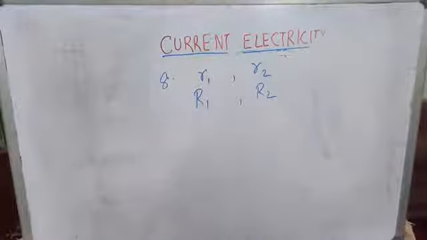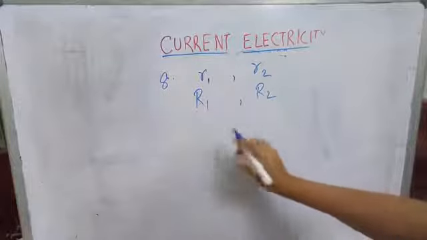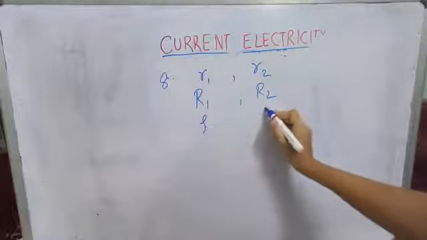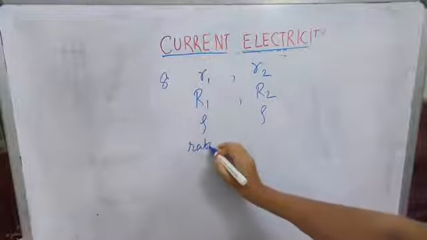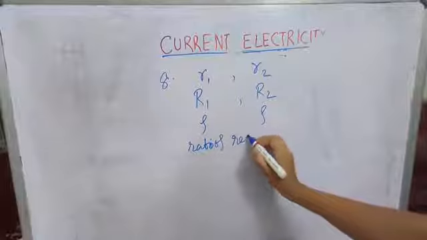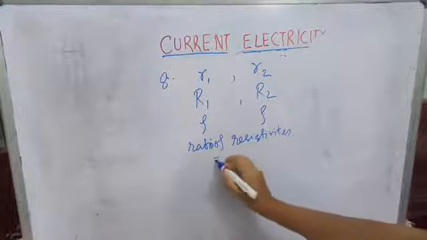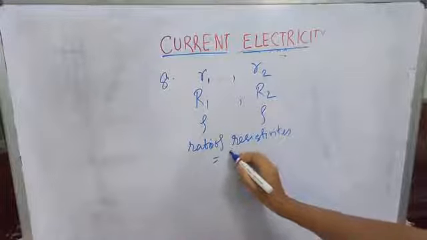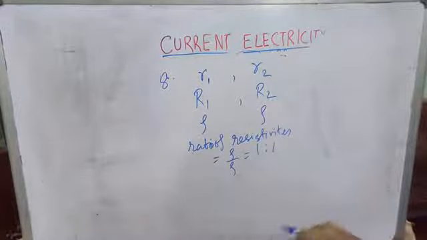Because these two are made up of the same material, both of them will have the same resistivity. So the ratio of resistivity is rho by rho, that is 1:1.